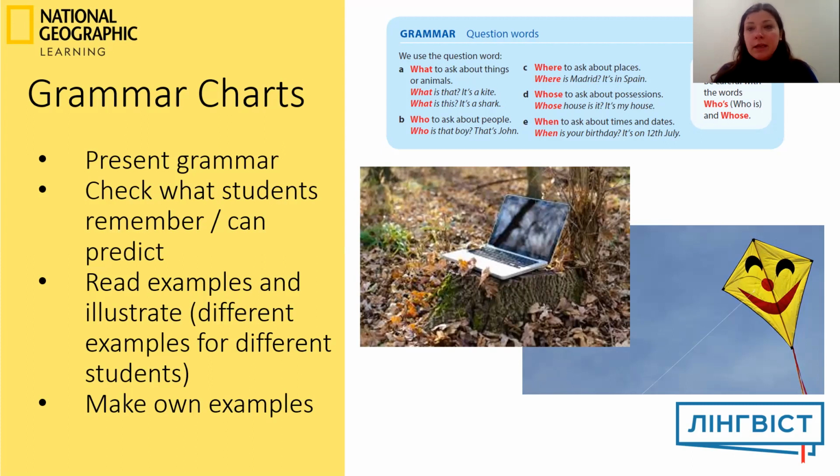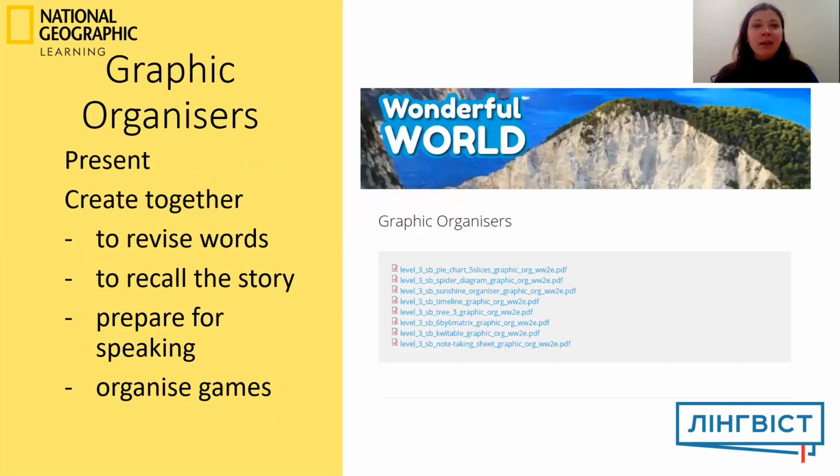For example, student A, you need to read the A examples and draw pictures. For example, what is that? It's a kite. For student B, you need to look at B and C, and then D and E. And after that, they will change. Or ask them to prepare their own example. So you need to use the red word, but you can change everything apart from it.